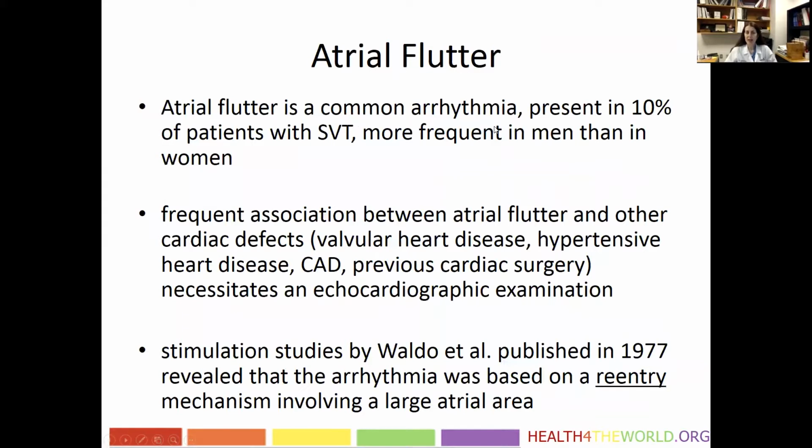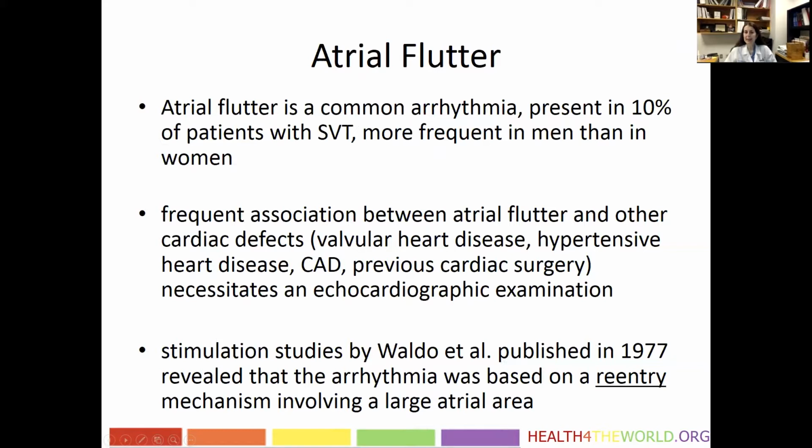Lastly, atrial flutter is another common arrhythmia, less common compared to the rest of the SVTs, but 10% of patients with structural heart disease may present in atrial flutter. More frequently, atrial flutter is associated with the presence of structural heart disease, valvular heart disease, hypertensive heart disease, coronary artery disease, previous cardiac surgery.